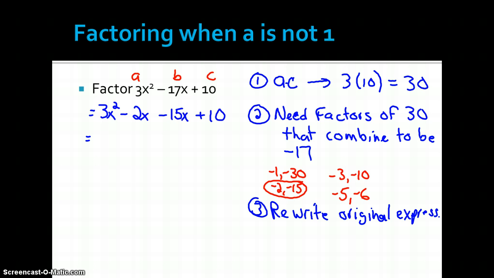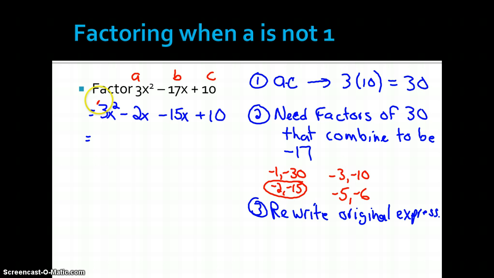So all we did was rewrite negative 17x as negative 2x minus 15x. So we have not changed the problem. We haven't changed it at all. So negative 2 and negative 15 will get us right back there.